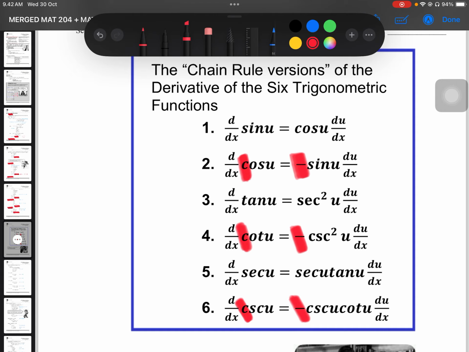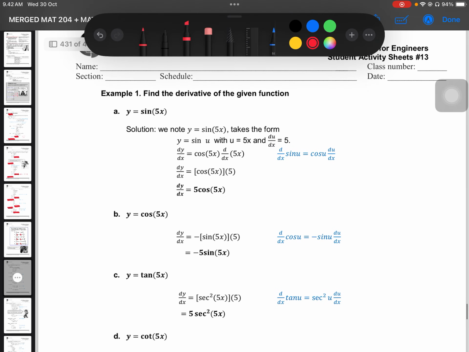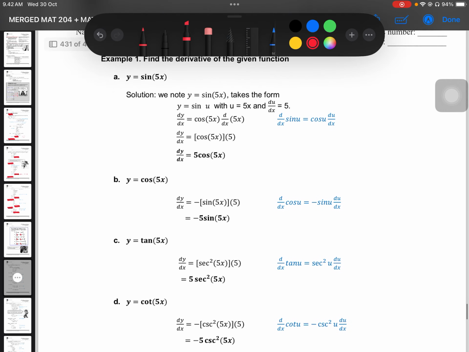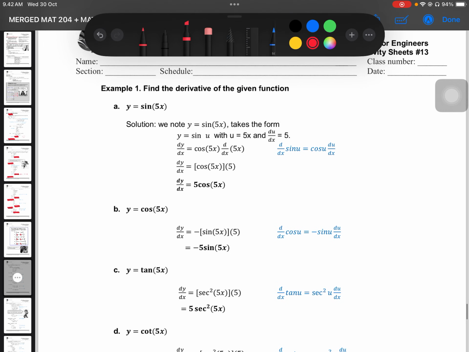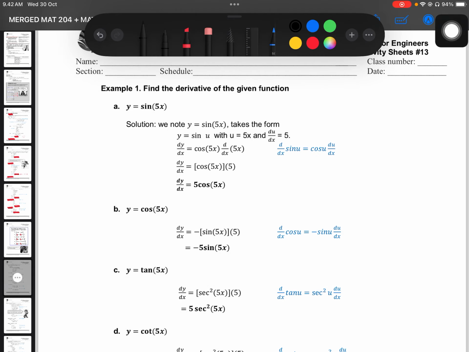Then, let's proceed now to the examples. So, let's use this. So, we have y is equal to sine 5x. Okay, so what you are going to do here is that, sulat lang natin, we have y is equal to sine of 5x.